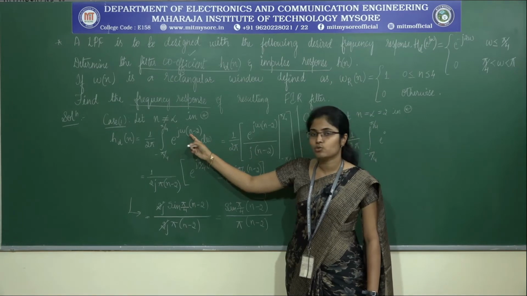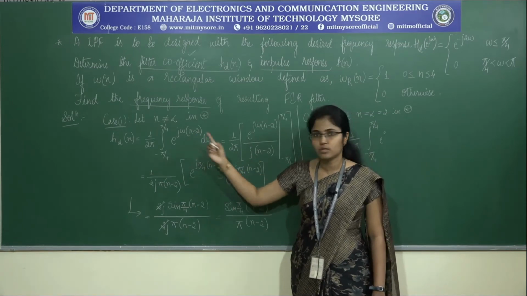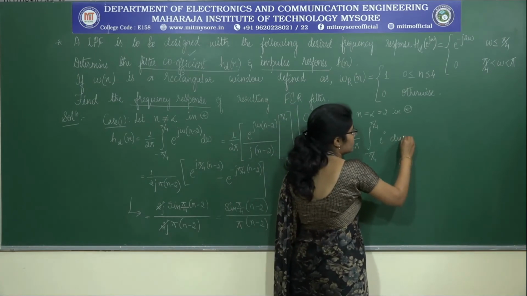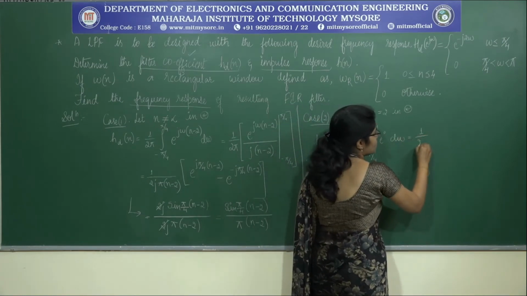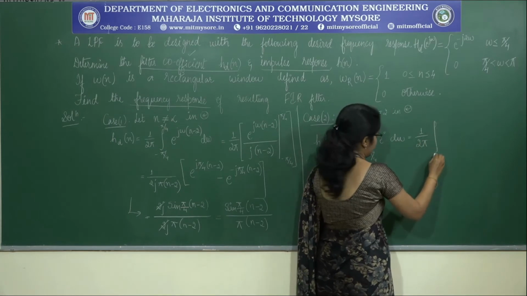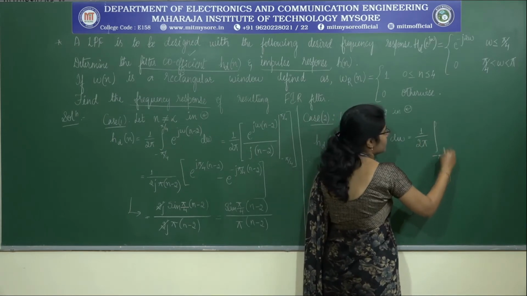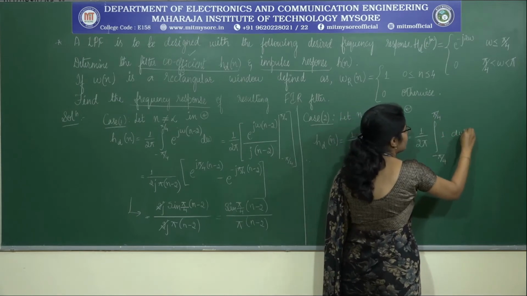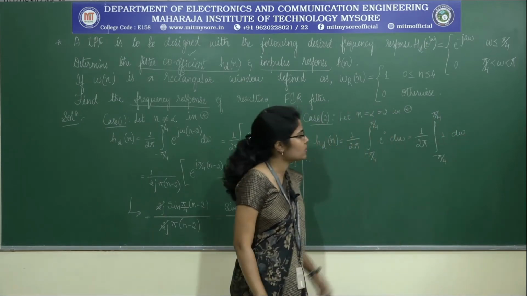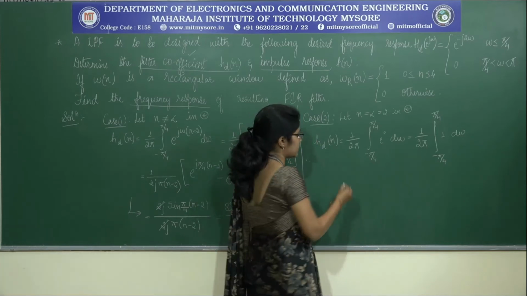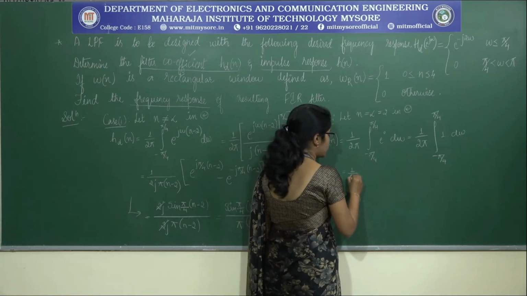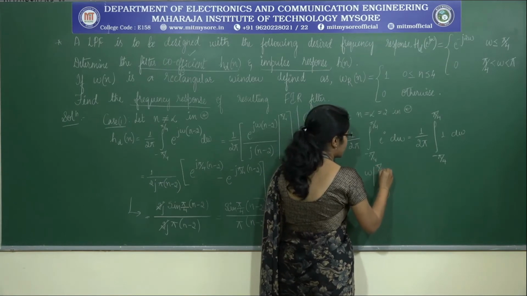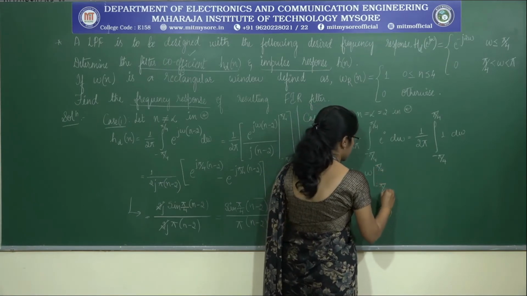If n is equal to 2, 2 minus 2 is 0, and e power 0 is equal to 1. So I have written it as e power 0 into d omega, which can be written as 1 by 2 pi integral from minus pi by 4 to plus pi by 4 of 1 into d omega. The integration of 1 is omega. So 1 by 2 pi omega from minus pi by 4 to plus pi by 4.